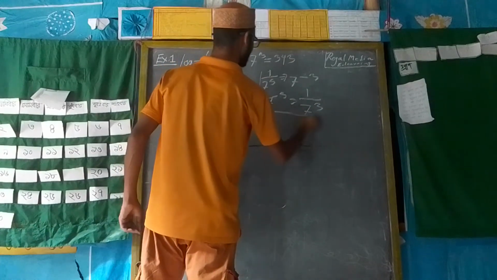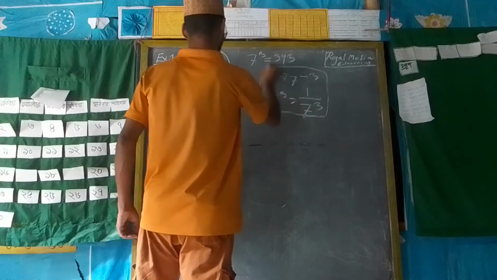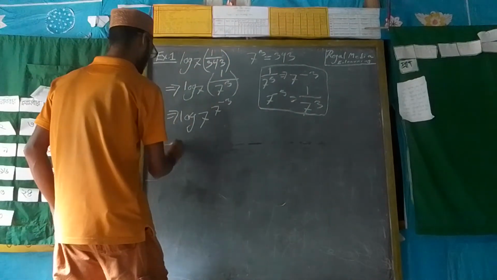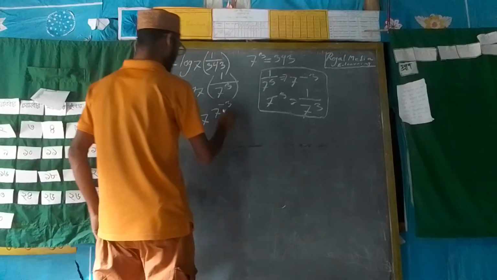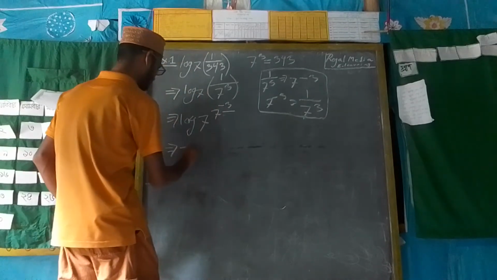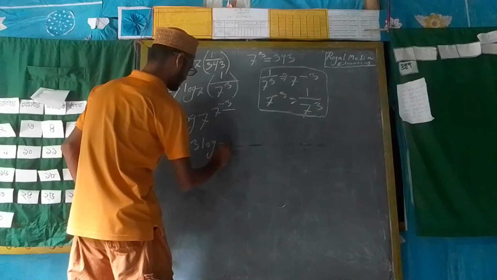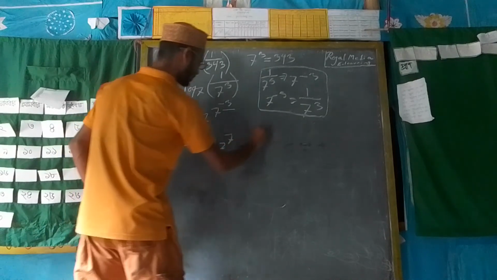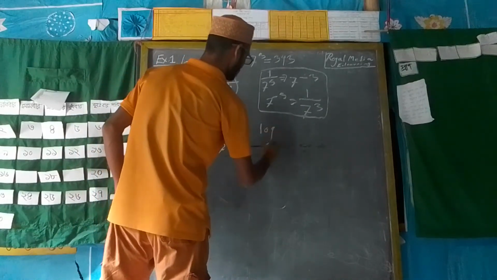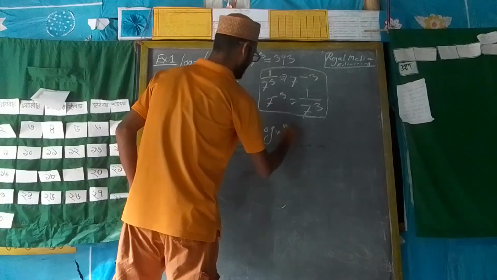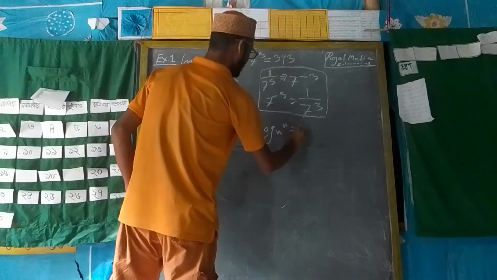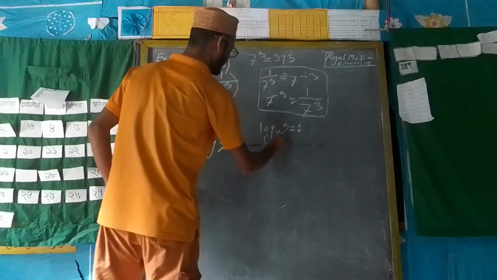This is our formula about logarithm. Now the power is minus 3, and we know from our formula that log x base x equals 1, when power and base are similar.